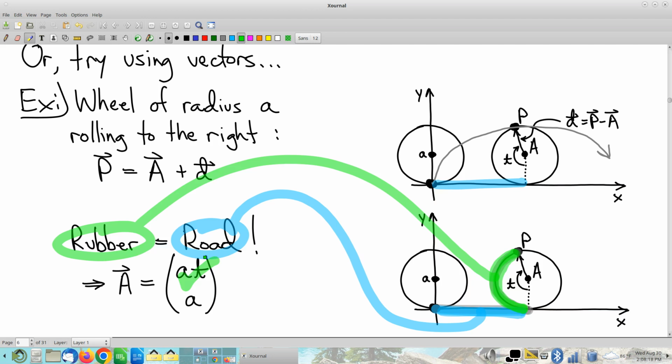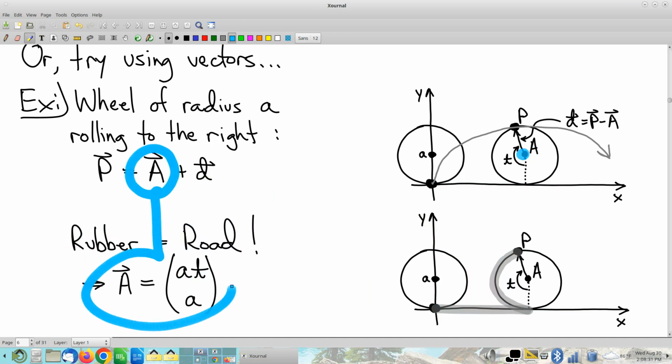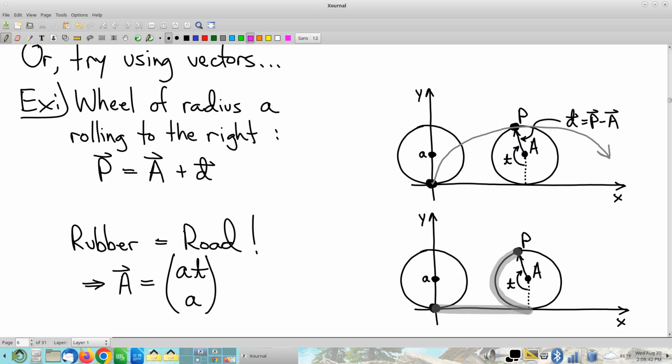All right? Okay. All right, so we are halfway there. We've got a formula now for our axle. The location of our axle is that. Okay, so now we're going to change our focus. Now we're going to think about this difference vector, this little d thing right here.